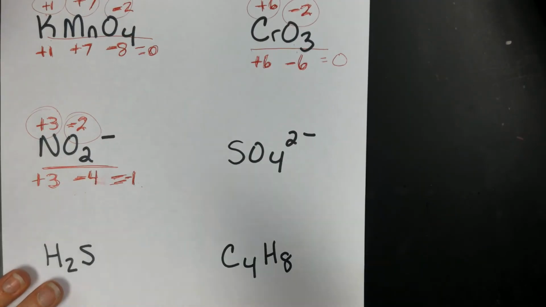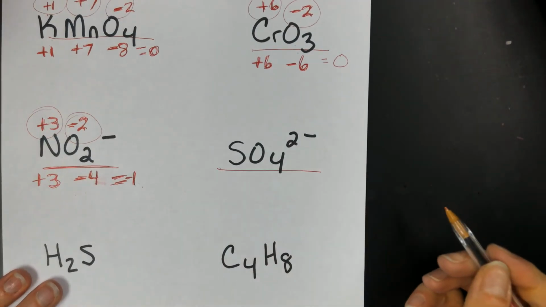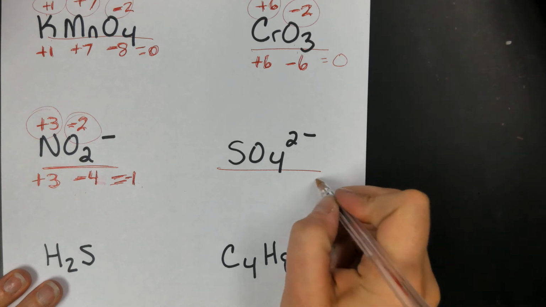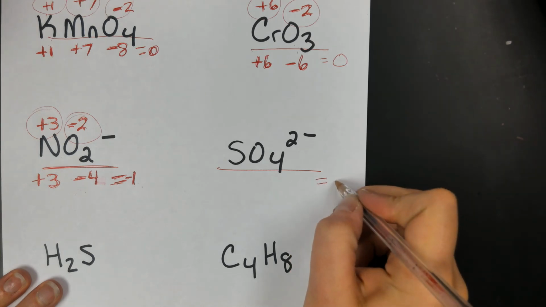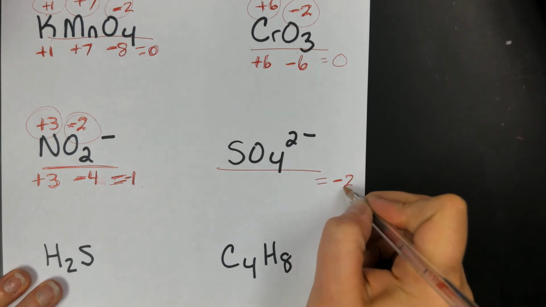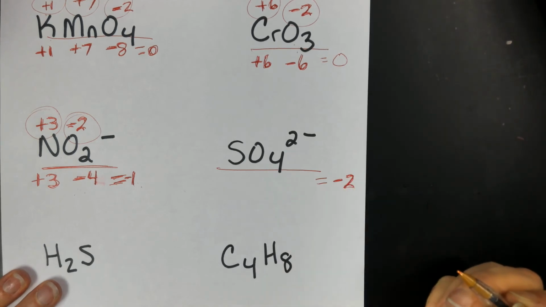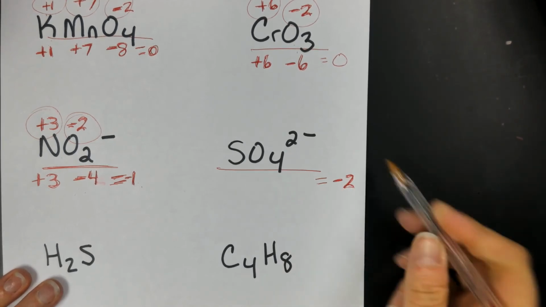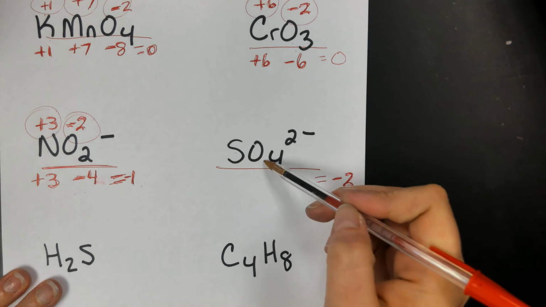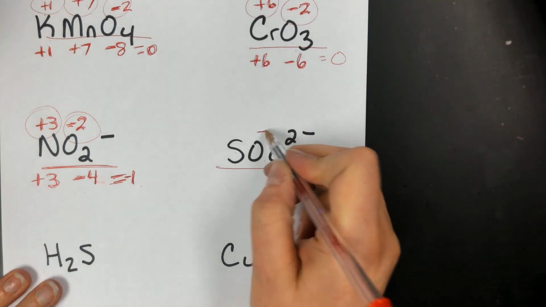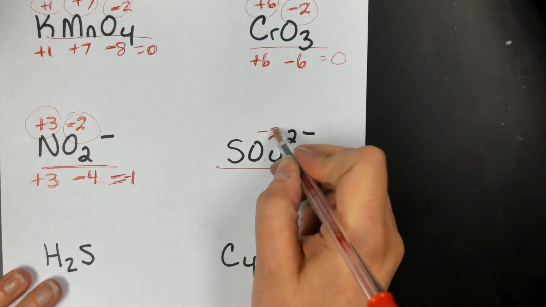Let's move on to sulfate. So the oxidation numbers have to total out to, you guessed it, -2. Now we're cooking, right? I don't have a rule for sulfur, but I do have one for oxygen. It's going to be -2 each, right?